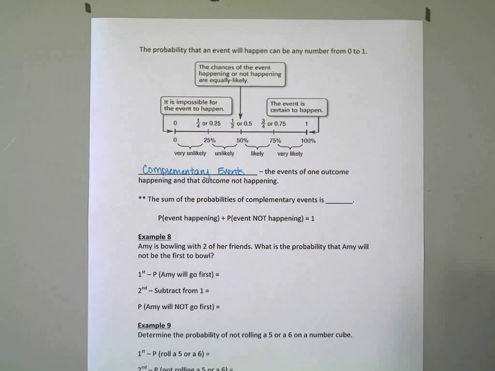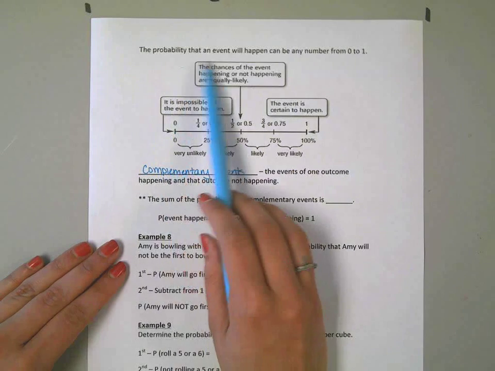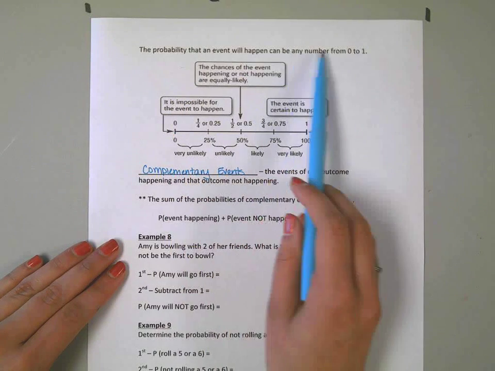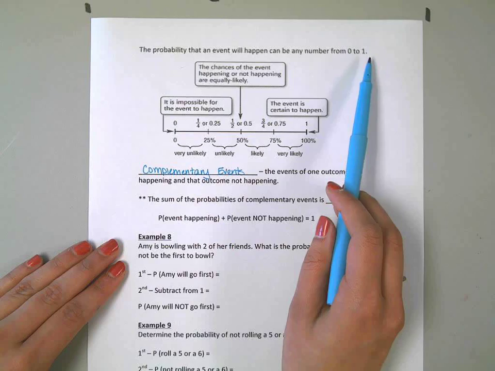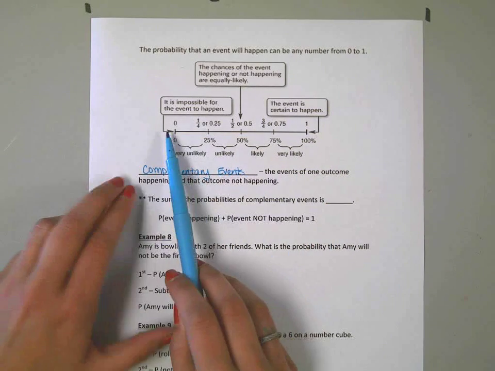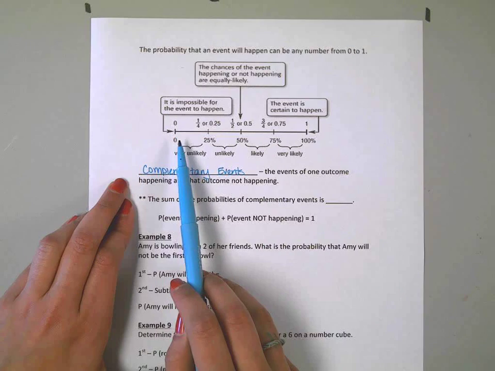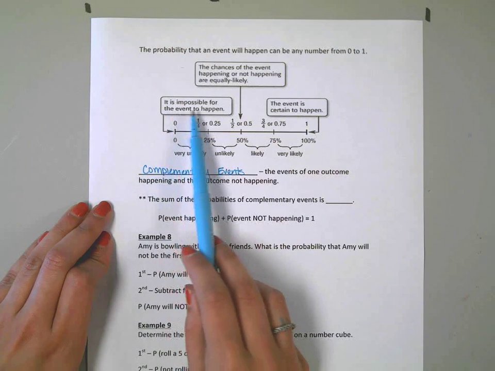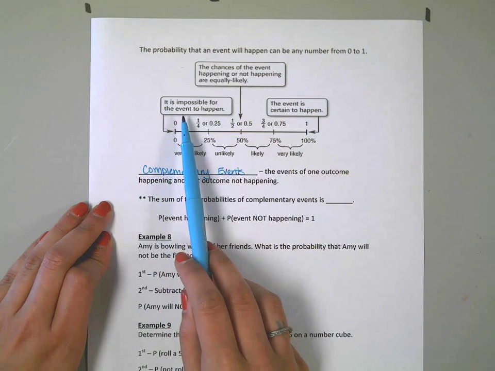We will now talk about complementary events. Complementary events talk about the possibility of an event happening and the possibility that that event will not happen. The probability that an event will happen can be any number from 0 to 1. So let's take a look at this number line. A probability of 0 or 0% states that it is impossible for the event to happen.